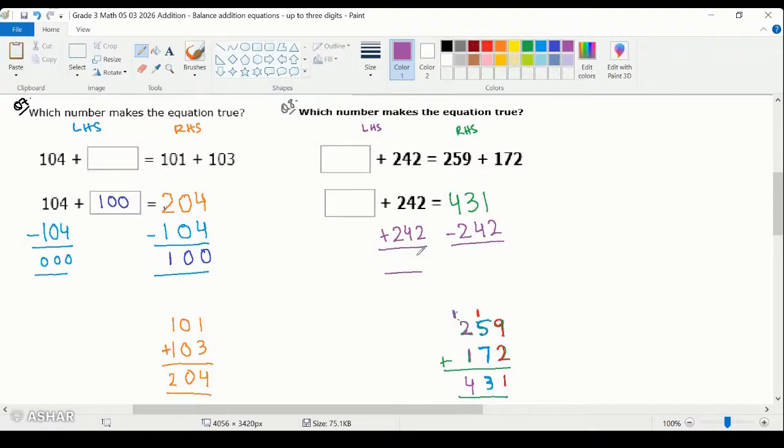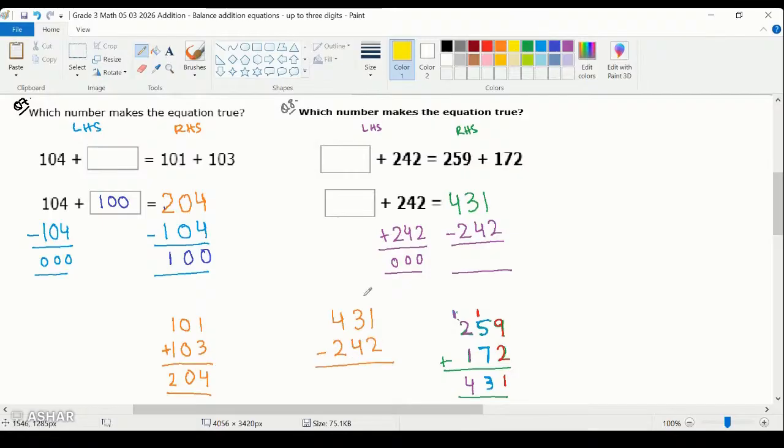This becomes 2 minus 2 is 0, 4 minus 4 is 0, and 2 minus 2 is 0. Let's subtract. What should be the answer? 431 minus 242? I'm just doing the working here.